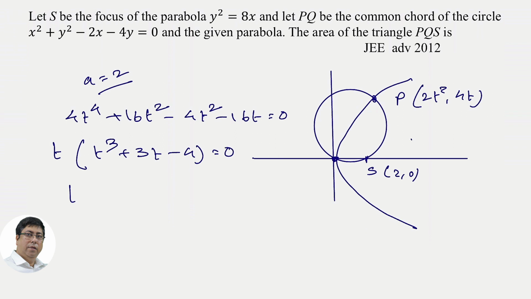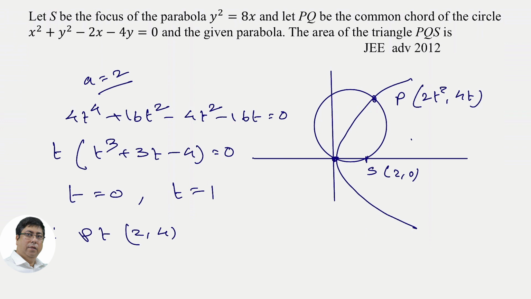So t = 0, and this is the cubic equation. In the cubic equation, we can use the hit and trial method, vanishing method, whatever you say. We can just put t = 1, it is getting satisfied. So t = 0 or 1. Therefore, P point is (2, 4), because it cannot be (0, 0). (0, 0) is the origin already, their point of contact.